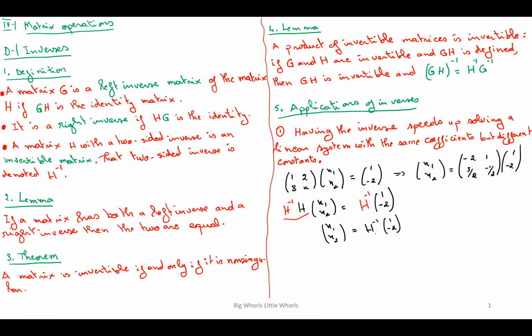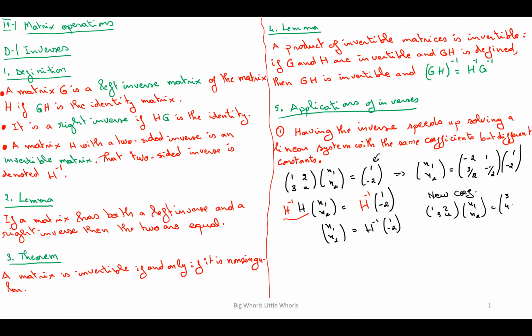You see? Let's say we are given another equation with the same matrix but a different constant vector. The new equation is 1 2 3 4 times x1 x2 equals, this time, 3 4.